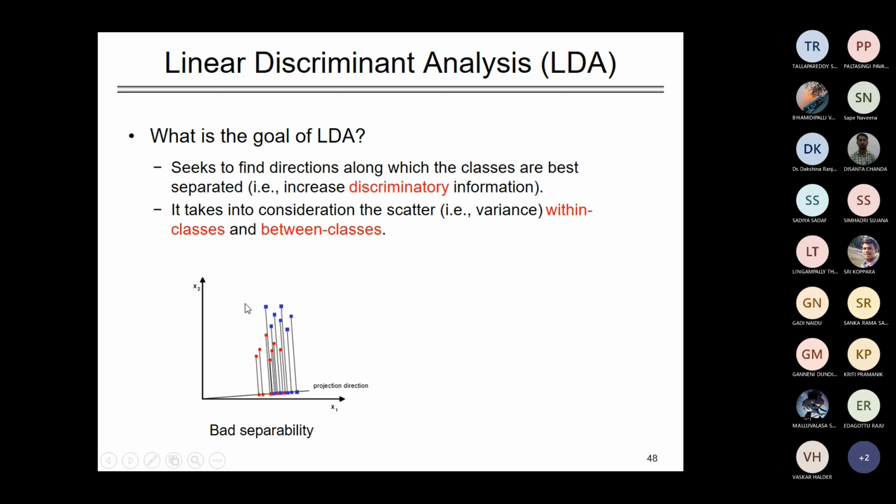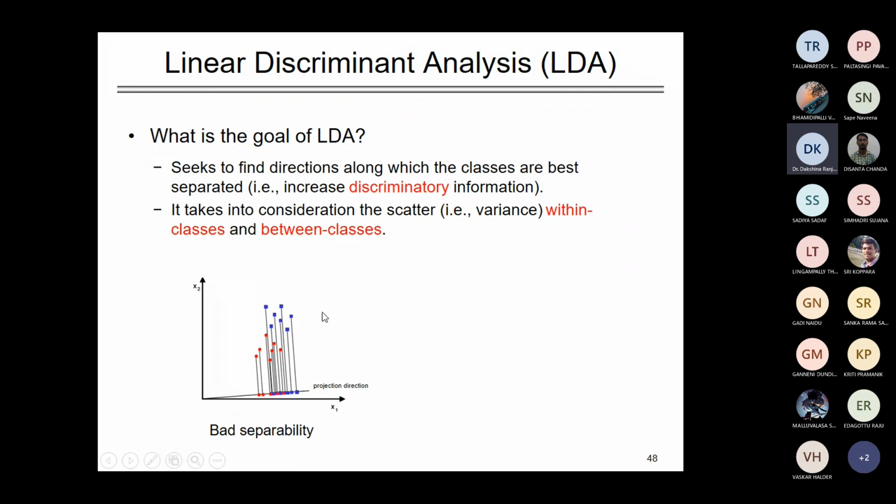Now, to get the projection of these data points on a line, let us consider a straight line as a basis on which we project these data points. Here we get the projection direction, and this projection direction is determined along this straight line.